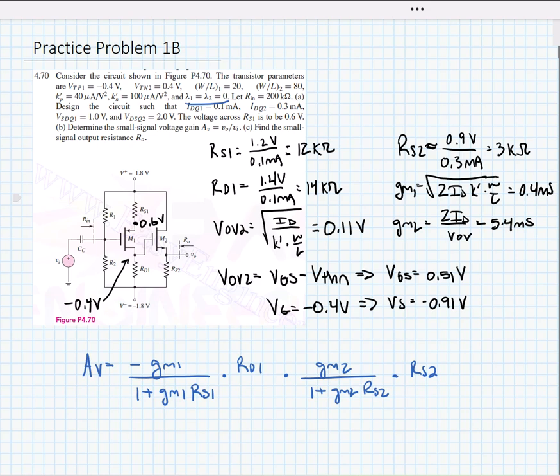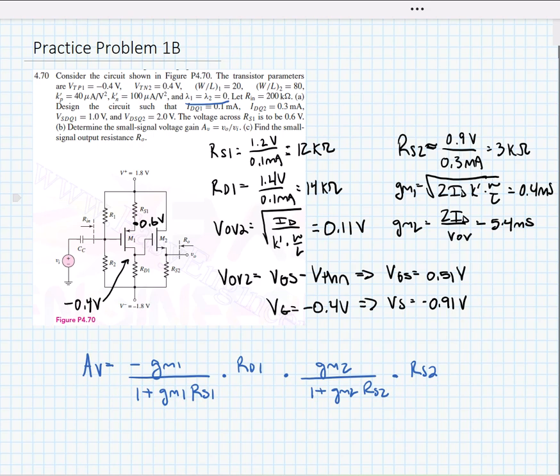And in this case, our voltage gain is equal to minus GM1 divided by 1 plus GM1 times RS1 times RD1 times GM2 divided by 1 plus GM2 RS2 times RS2.